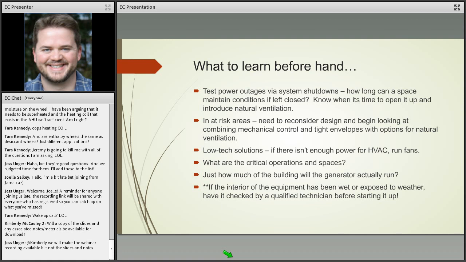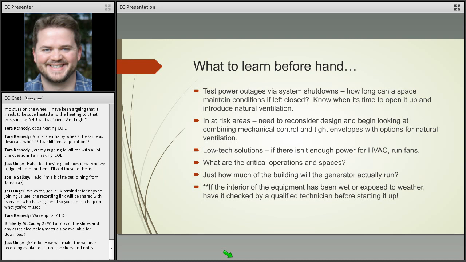If you have an environment where the envelope has been designed to help buffer the outdoor conditions, test a shutdown. See what happens when you lose power in that space. Make sure the lights are off, obviously. But if you lose power in a space, how long, using data loggers, do your interior conditions look okay?